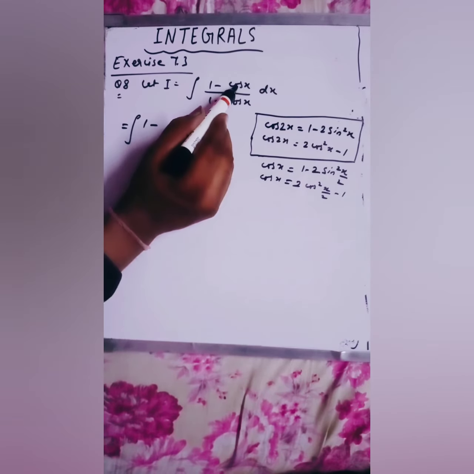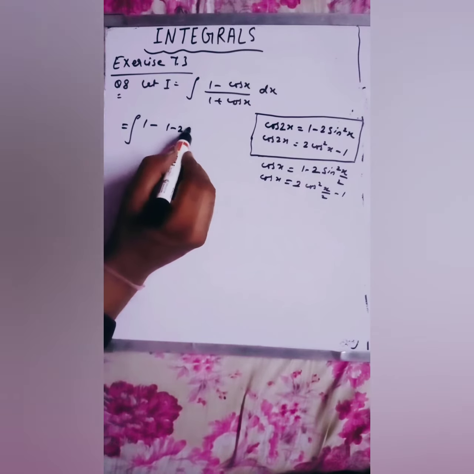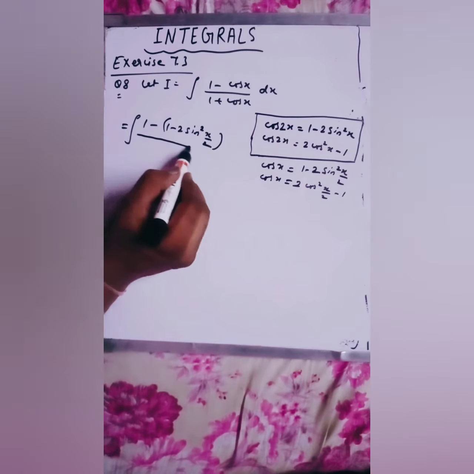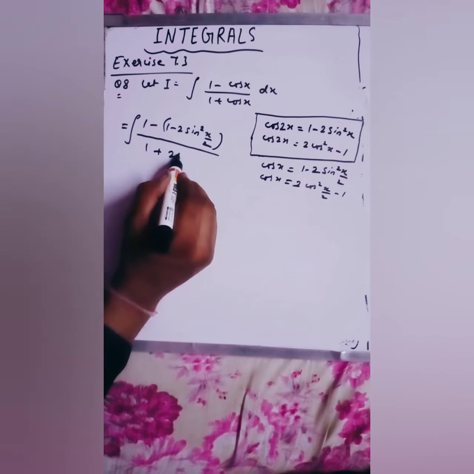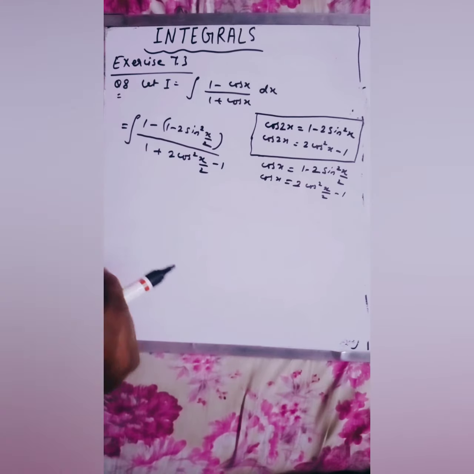In the numerator I am applying, in place of cos x, 1 minus 2 sin square x by 2. Similarly, in the denominator you have to write 1 plus 2 cos square x by 2 minus 1.